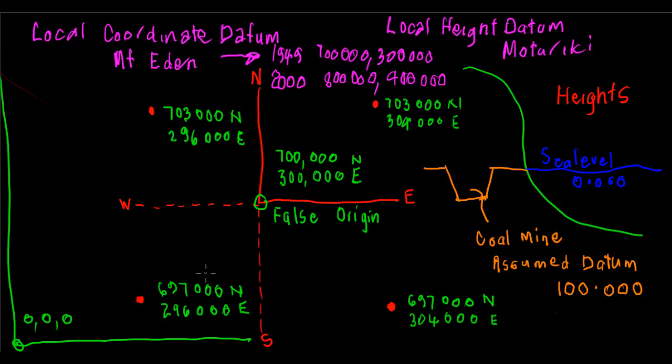And we can see here in the example that I've cited, with just the two-dimensional XY plane, with 700,000 and 300,000, any values up in here would be 703,000, 304,000, and they would all be plus plus.